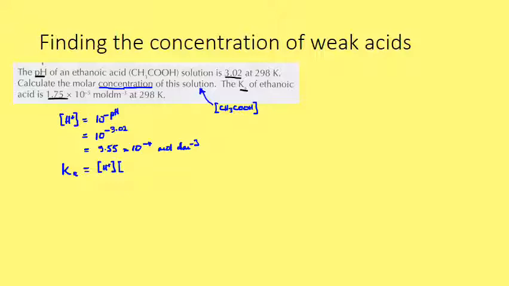The other part of the dissociated acid molecule is written like this, and the reactant in our equilibrium expression is CH3COOH, all to the powers of 1, and of course it's a weak acid, so we can use a simplified version of the acid dissociation expression, which is concentration of H+ squared over the concentration of the acid.